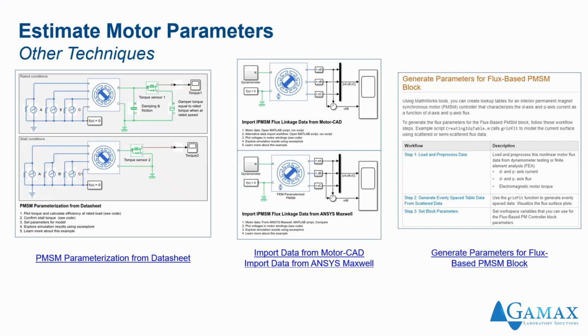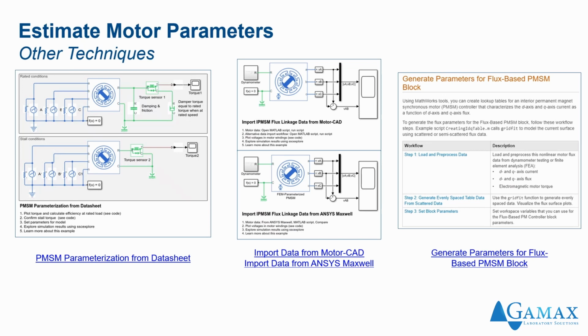So we have seen motor control blockset parameter estimation capabilities, which are useful if we already have the motor hardware. However, sometimes we have to start development before the hardware is available, just like we discussed earlier.